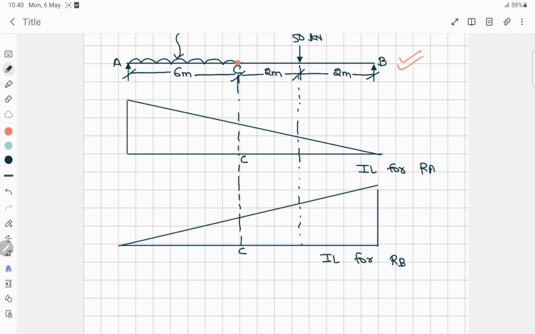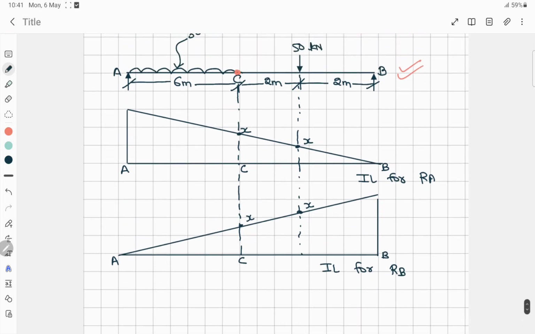Now for IL for RA we have to find this value and this value, and for IL for RB also we have to find this where the load is acting. So now it was A, I'll write down, and it was B, right? A and B.